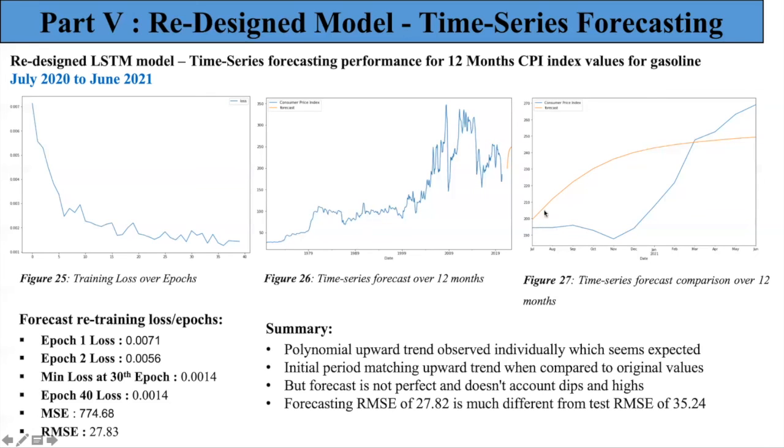At least in the previous model, it was consistently increasing, but here it is crossing over the original value. It is not covering the proper prediction here with the polynomial curve, and it is going down in the later portion. This model again proves that this model did not perform well as compared to the original model.